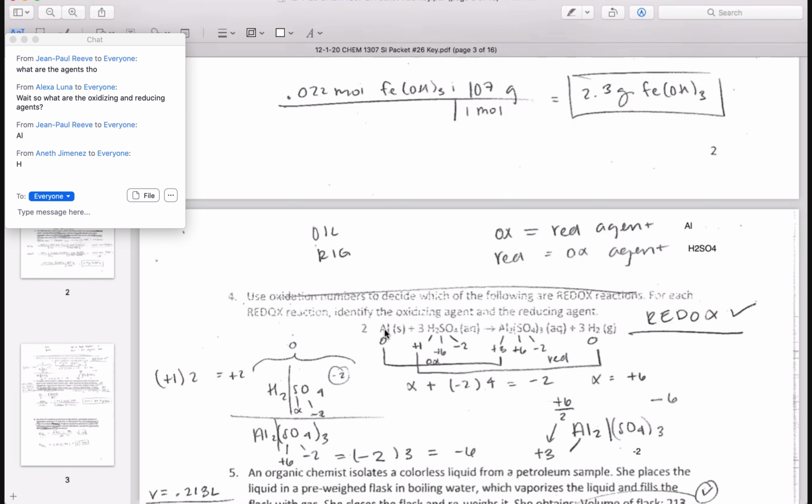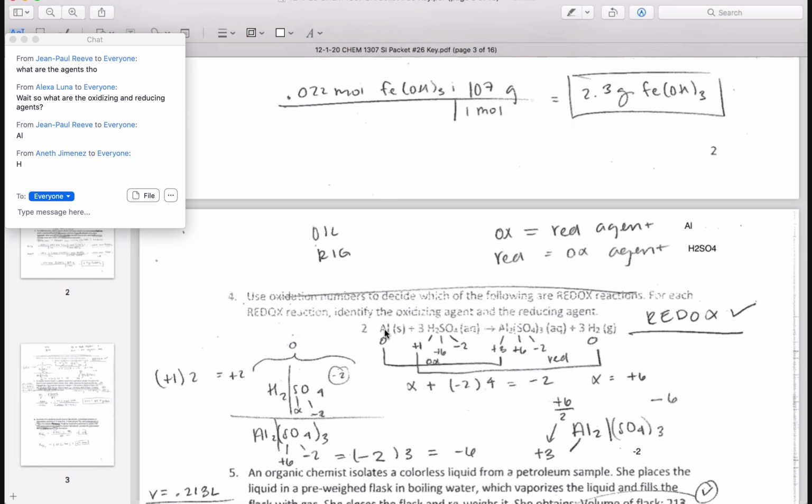Okay, do I have any other questions? There's a whole bunch of answers. Aluminum is the one being oxidized. H2SO4, or hydrogen specifically, is the one being reduced.